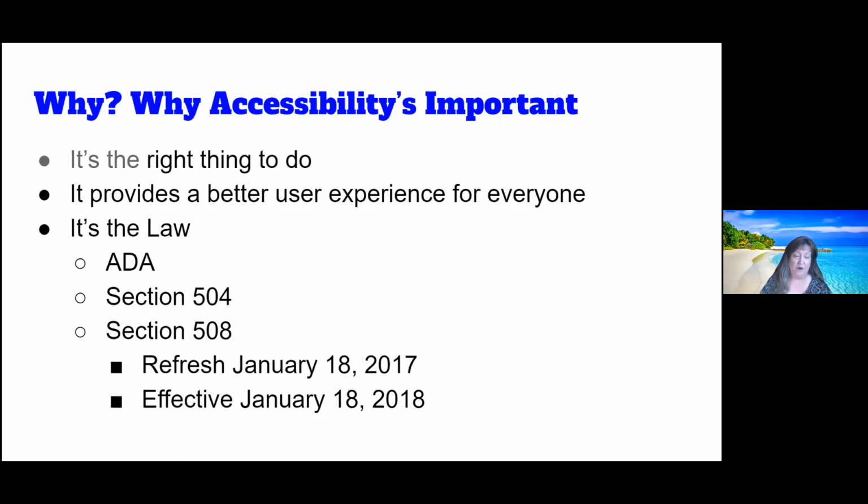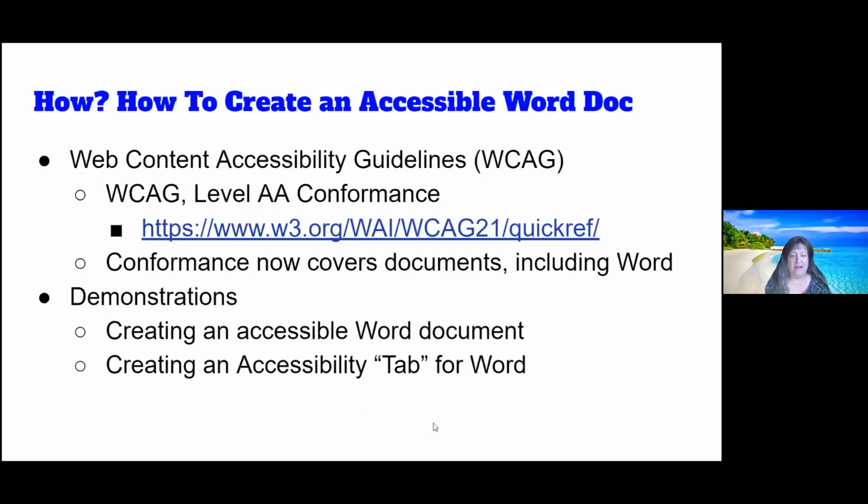It's a part of ADA, Section 504 and Section 508, which was refreshed on January 18th of 2017 and became effective January 18th, 2018. And the reason I talk about that is I think that really brought things even closer into view in terms of trying to make not only the web, but documents accessible.